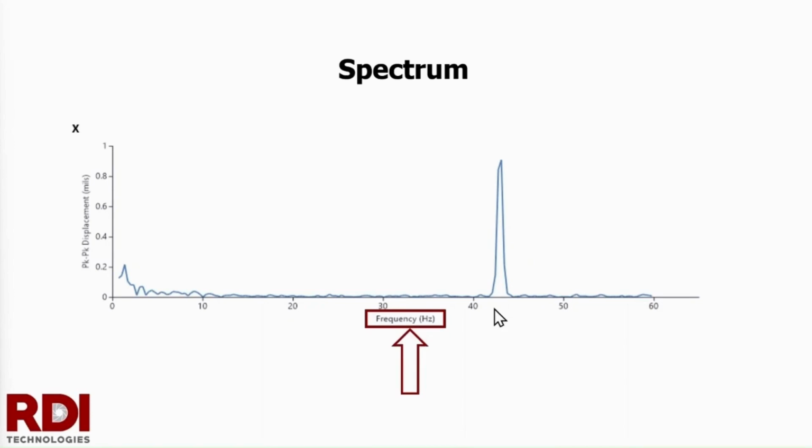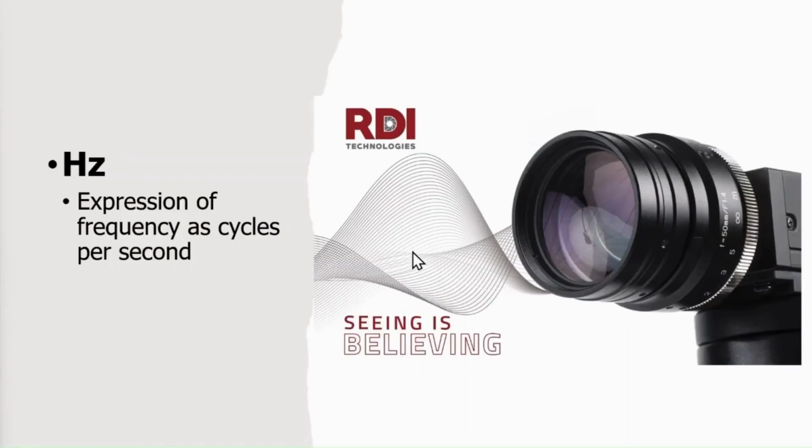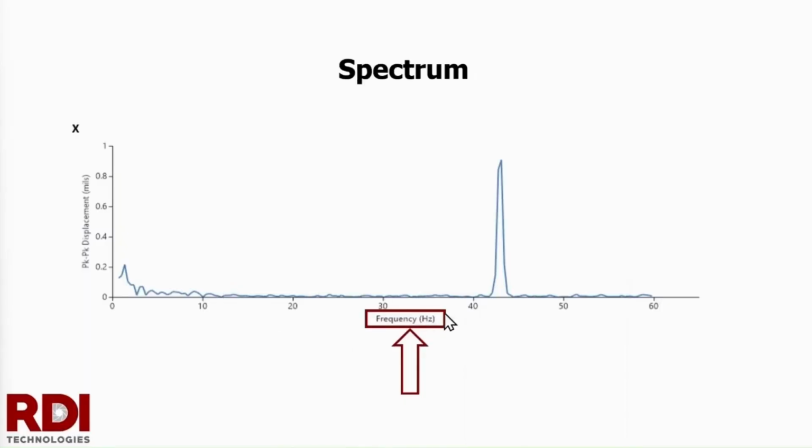So we'd say the vibration is happening at a periodic rate of about 42 hertz. Of course, the term hertz means frequency as cycles per second. And so hertz is just another way of saying cycles per second. So we could look at this and say the vibration occurs about 42 times per second.